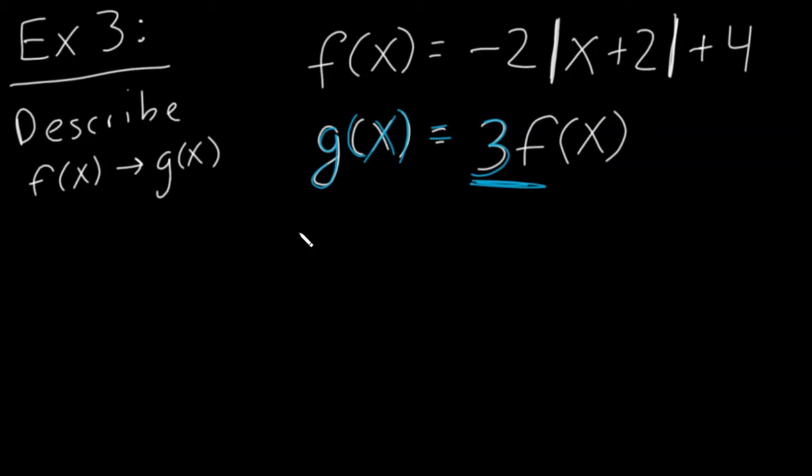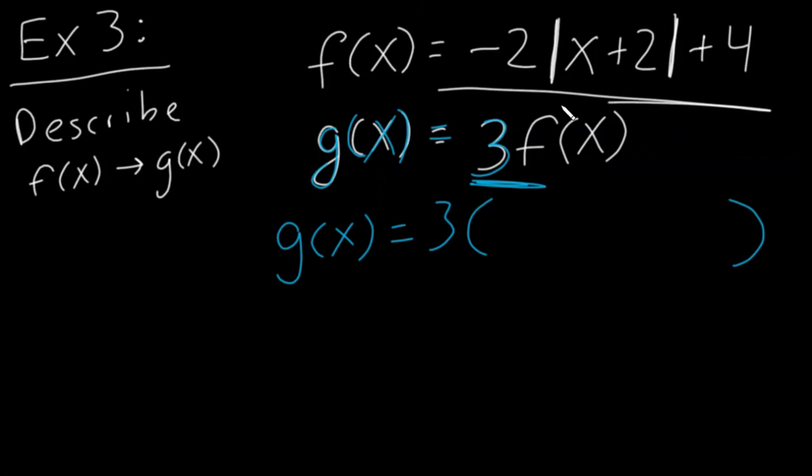And so what would g of x look like? Well, g of x would look like this. It would equal this 3, which is being multiplied by the entirety of f of x. And what is f of x? Well, it is everything that you see here, everything that f of x equals. So you can write negative 2, absolute value, x, plus 2, close absolute value, plus 4.